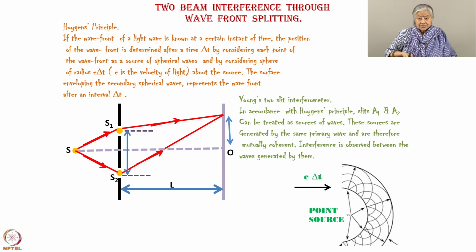One thing is clear, you will definitely get an interference pattern, because as you remember these two sources are coherent. There is a correlation between this wavefront and this wavefront. Let us see what other conditions are needed.